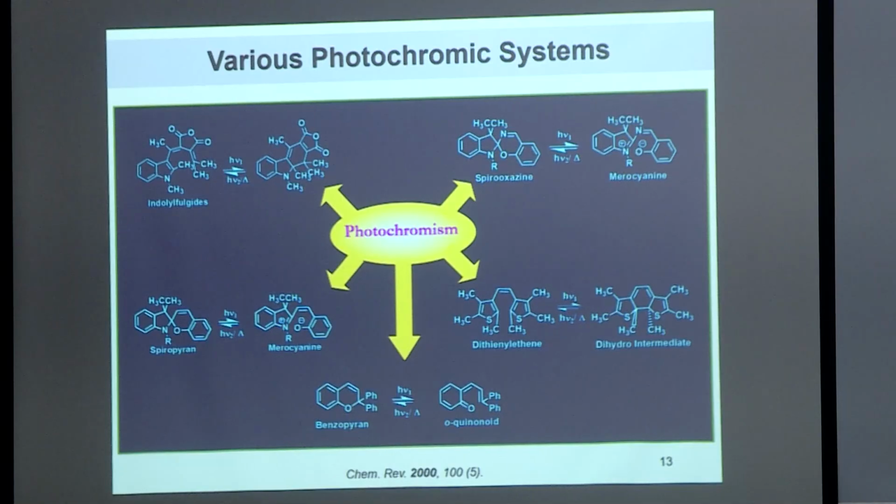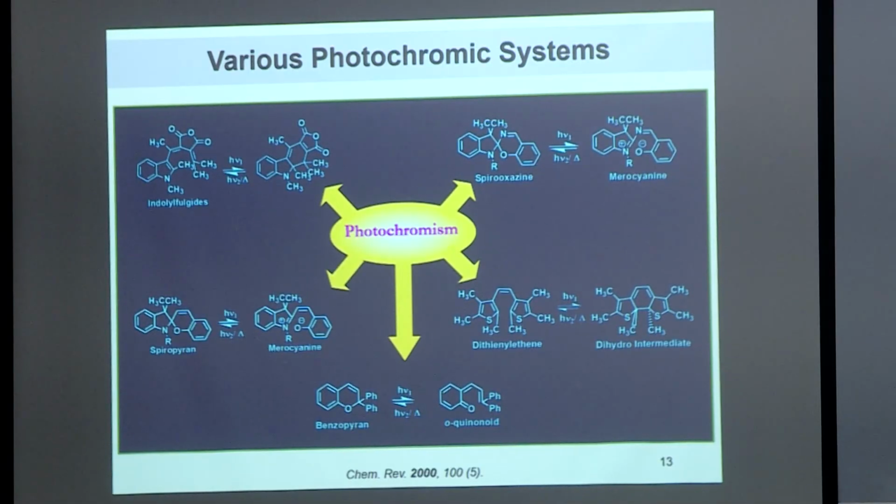And now it stops here because hydrogens are not there for it to undergo oxidation. So it stops at the methyl stage. Now you can play with this structure, allow it to function back and forth. So photochemically you can operate it on and off switches. So that's why it is called the dihydro intermediate, because it is derived from the parent dihydrogen containing compounds. Okay. Otherwise it is just a species which you are generating from A to B and B goes back.